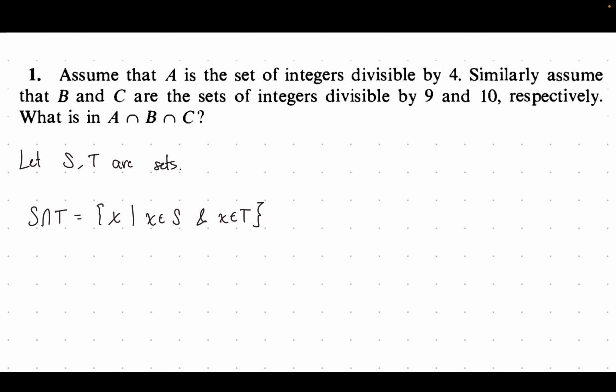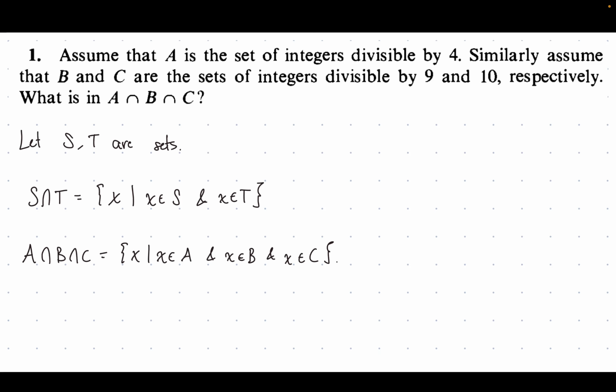Okay, so just as a basic high-level understanding of what A intersect B intersect C is, it's going to be the set of all X such that X is in A and X is in B and X is in C. And now the question asks, what is A intersect B intersect C?